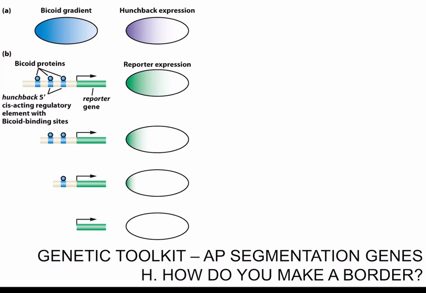must be an activator of hunchback, which means if we have a promoter for the hunchback gene, and here's the promoter, there must be enhancers that the Bicoid protein binds to and then recruits RNA polymerase to the hunchback promoter to drive transcription.